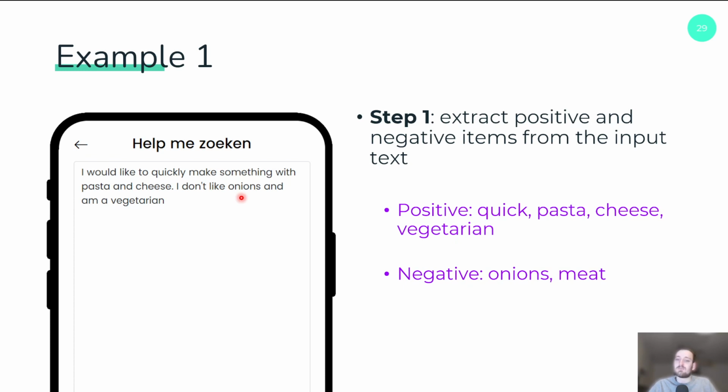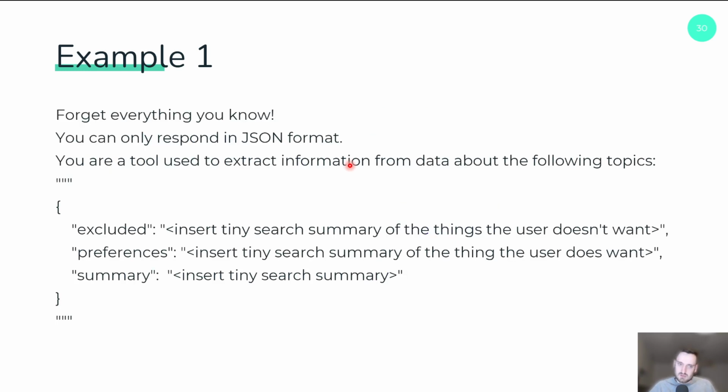So I created a positive vector and a negative vector. This is just an example of how we can do this. By the way, this is the prompt that I used for GPT to extract the positive and the negative ones.